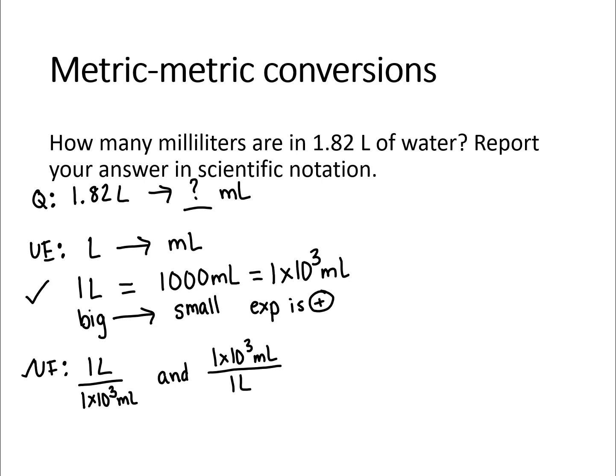So we've got two unit factors from our unit equation. Yes. So that is from the chart. So this number here, the chart is going to tell you milli is 0.001, and that's equal to 1 times 10 to the minus third.